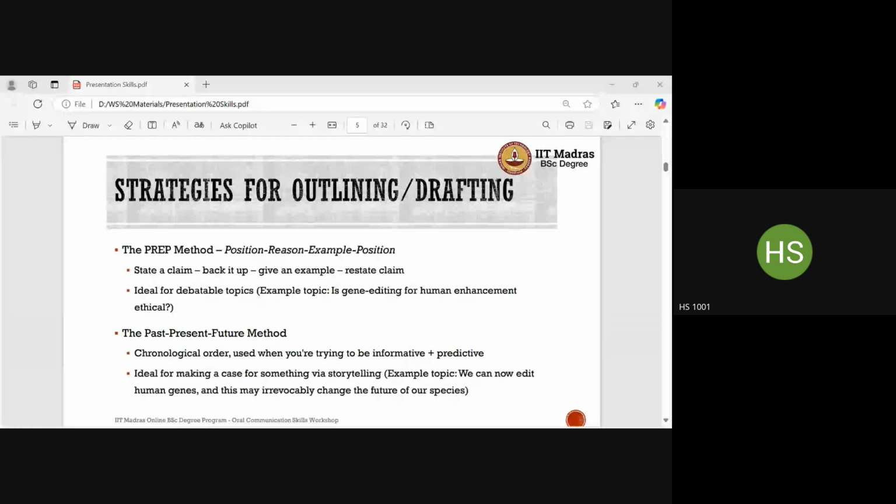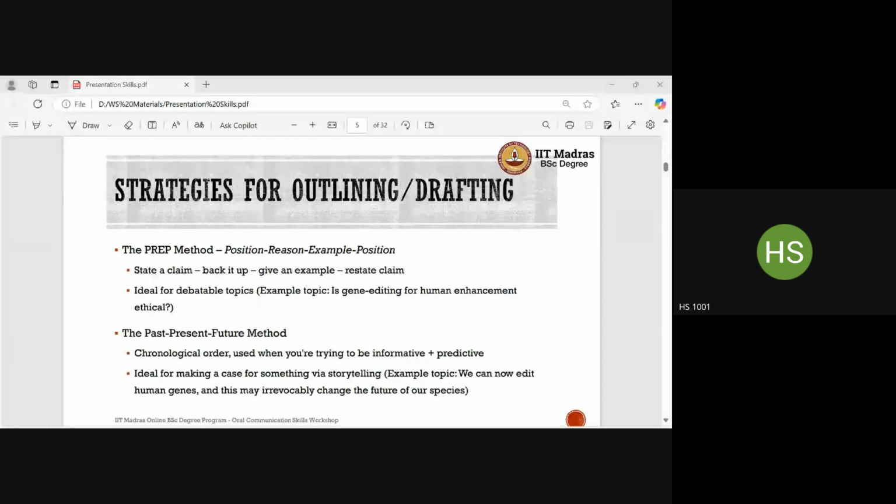Give a concrete example, a specific example as to why your stand on the topic can be justified, or why it is a reasonable stance to take. You need to illustrate that using an example. As your conclusion, you simply restate your perspective. You start by asserting your position, you end by restating your position. So you end in a manner that is very similar to your opening.